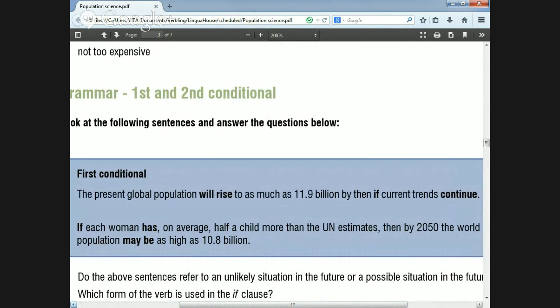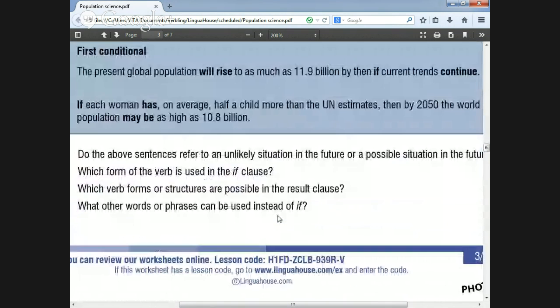And then we use the present simple. We use will, can, or may. Will rise. And we use words like when, as long as, unless. Okay? I'm going through this really quickly.